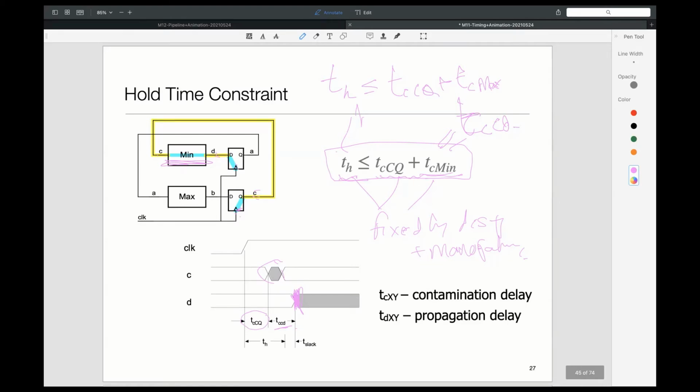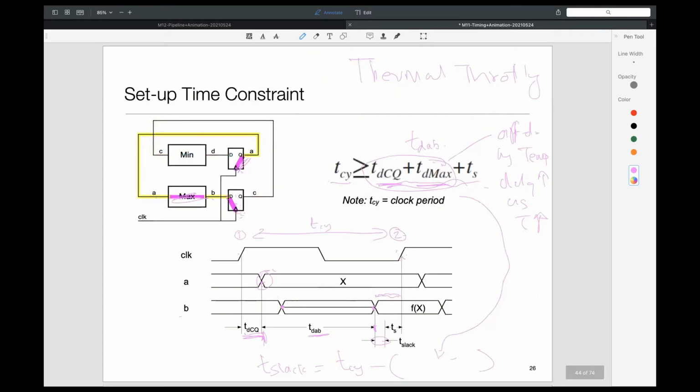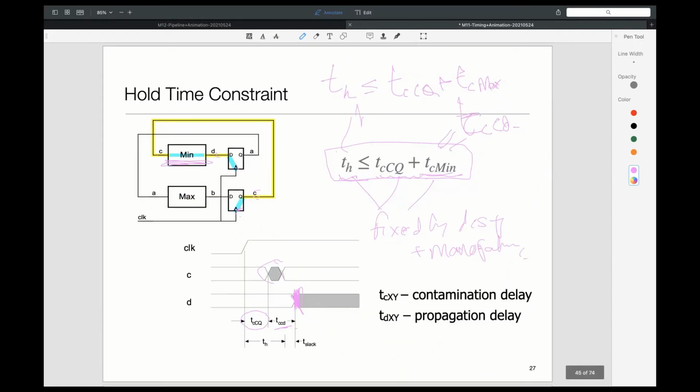And the challenge out here is that there's nothing under my control in this equation. Unlike the preceding one where I could slow down the clock, I can't do it out here. So I have to make sure at design time that my chip, once made, will meet this requirement.